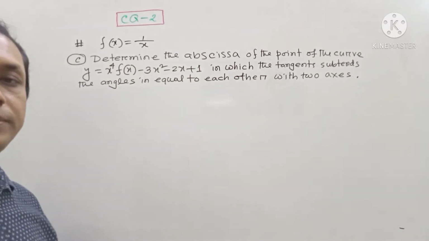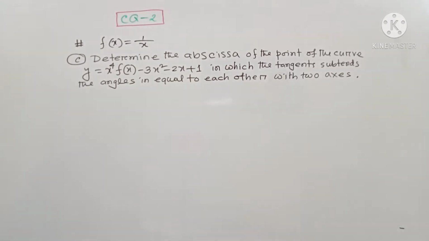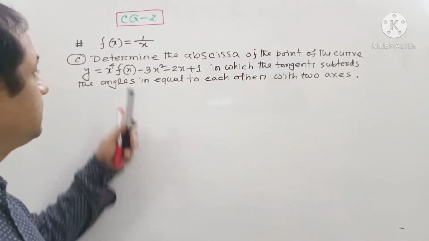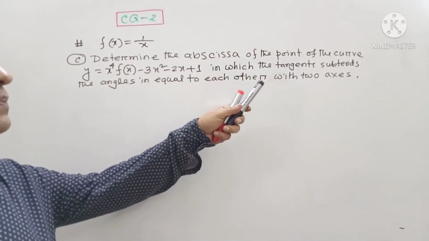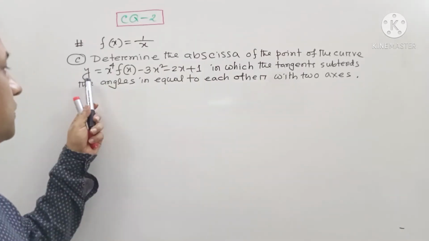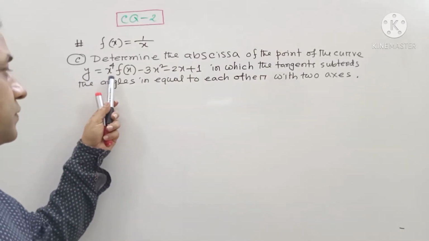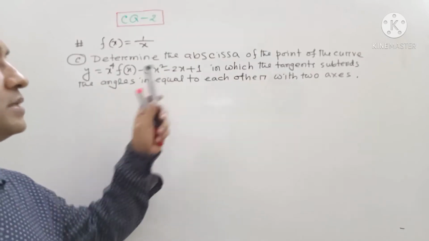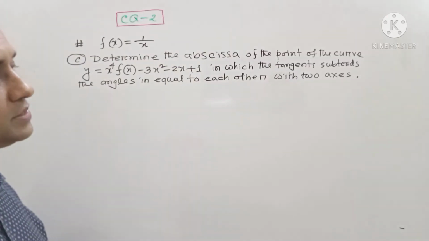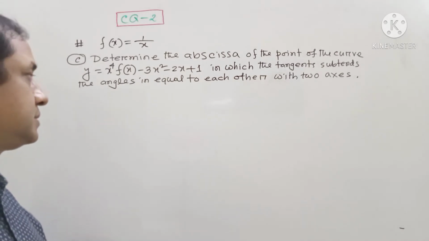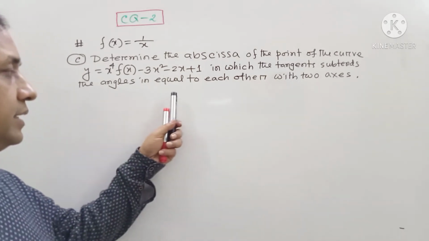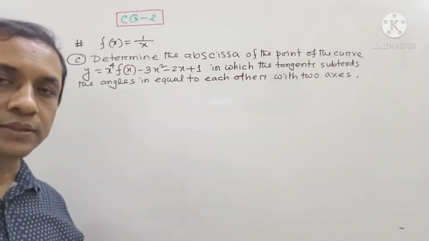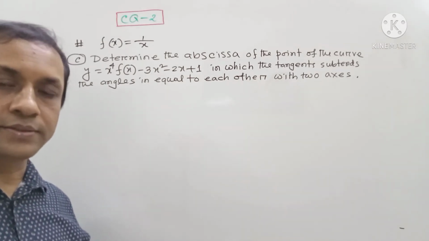Student, question number C. Given f of x equals 1 by x, so determine the abscissa of the point of the curve y equals x to the power 4 f of x minus 3x squared minus 2x plus 1, in which the tangent subtends unequal angles with the 2 axes.